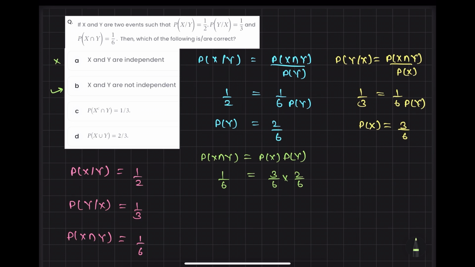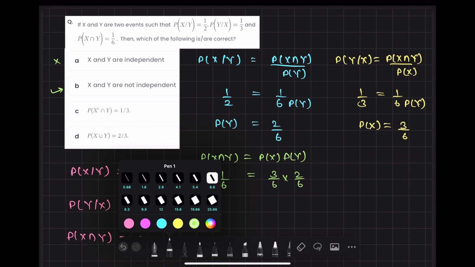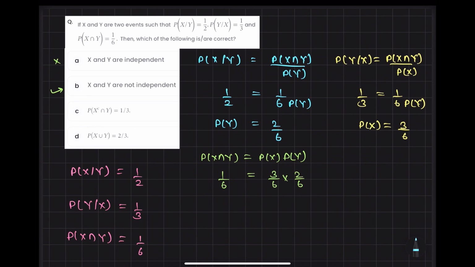Now we have to jump on to the next part. This is x, this is y. They are talking about this region, inside y but outside x.